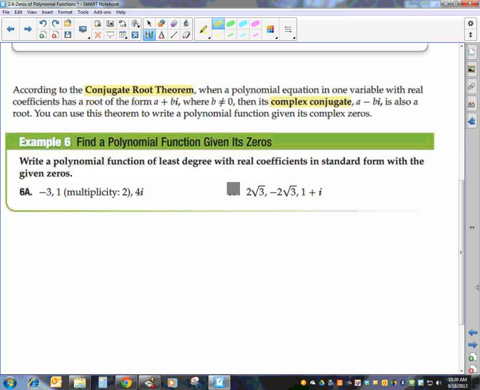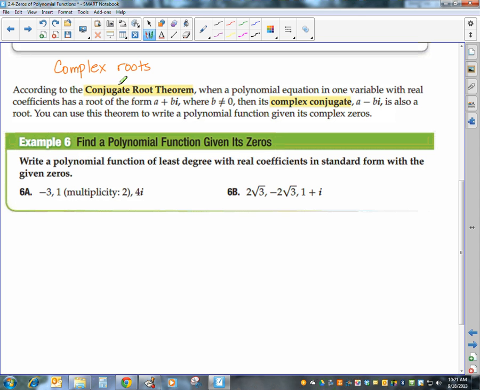Okay? You also have something that you discussed last year in Algebra 2, your conjugate root theorem. What you need to remember is that complex roots, that would be those roots that have i in them, always come in pairs.